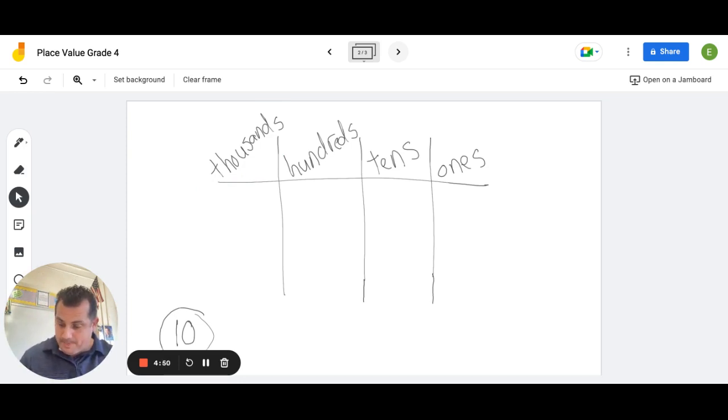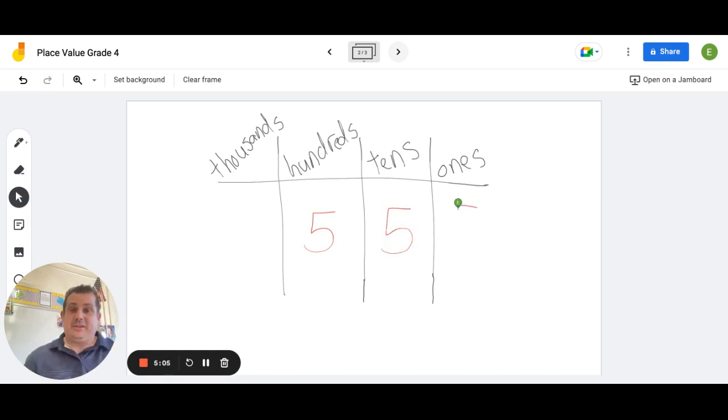So how could we be asked a question like this? Well, let's say I put the number 5 here and say we have 551. Is the 5 in my hundreds place worth the same amount as the 5 in the tens place?